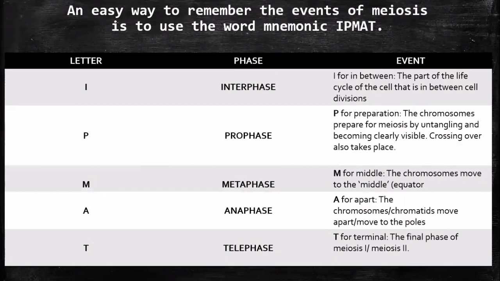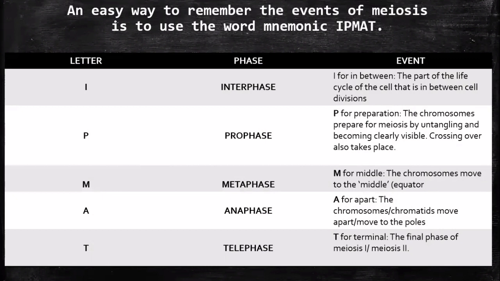Okay, now metaphase. How to remember metaphase? Metaphase starts with the letter M. So M stands for middle. So the chromosomes are going to be lined up in the middle of the cell along the equator. That's it.